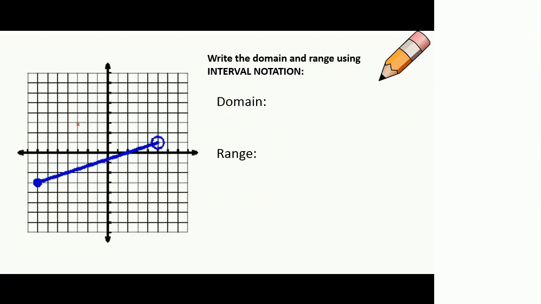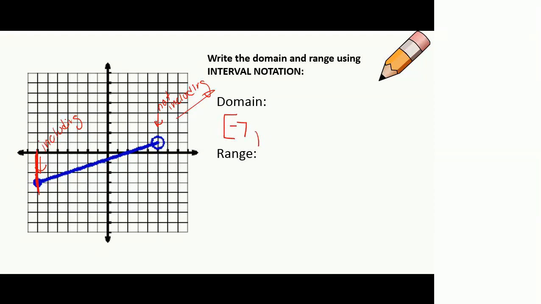Now, this is the one I want you to write down. Notice I am including this one, but not including over here. So we have to be careful. Let's do our domain. My graph starts here at 1, 2, 3, 4, 5, 6, -7, and we're including it, so I'm going to put a bracket around that.